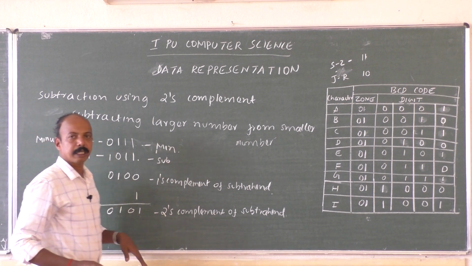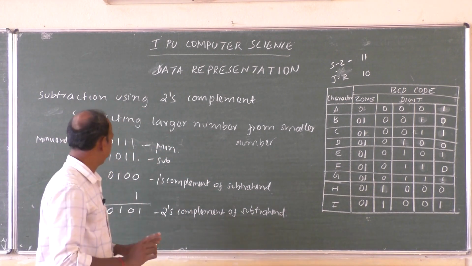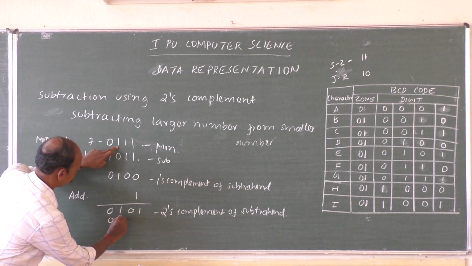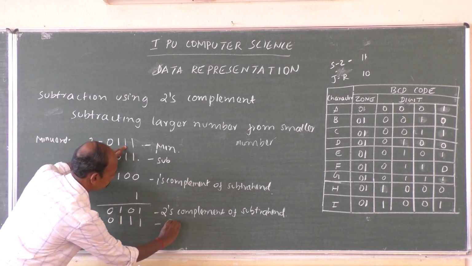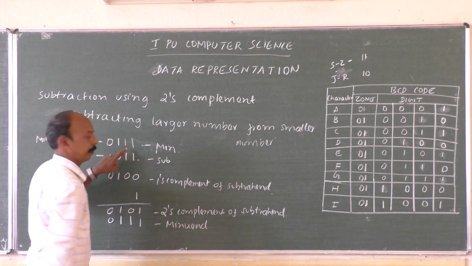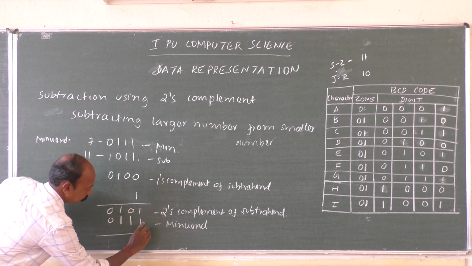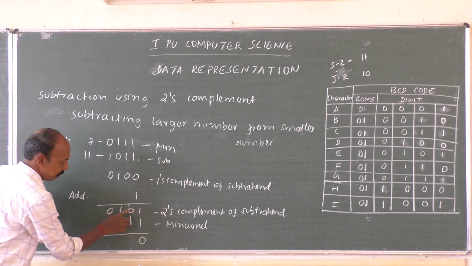Now what is the next step? Next step is adding minuend to the 2's complement of the subtrahend. So what is the minuend? It is 0 1 1 1. This is a minuend. Add it up. 1 and 1 will be 0 with the carry 1. 1 0 1.